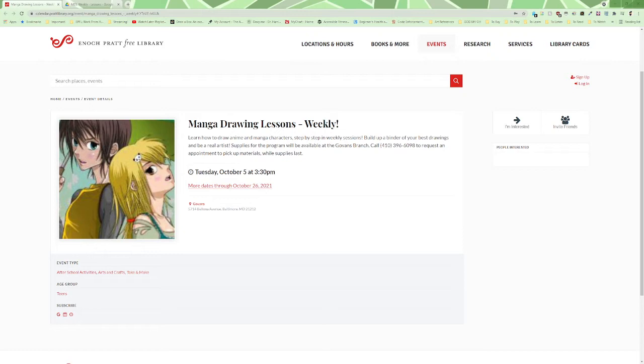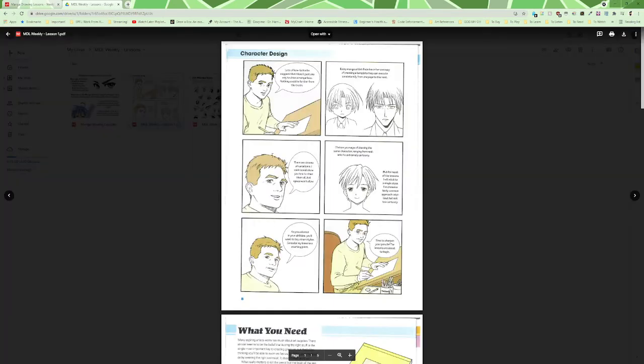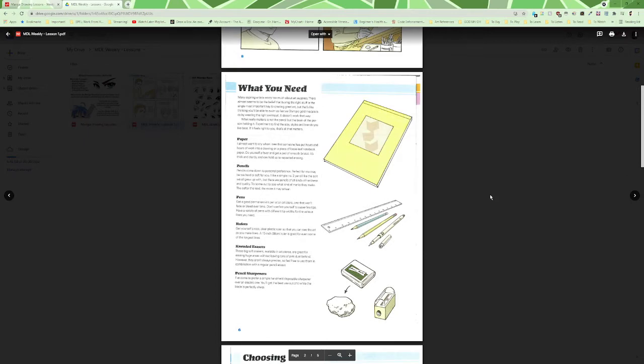So last week, we essentially went through the first of the lessons here about character design and what you actually need to do to create manga.